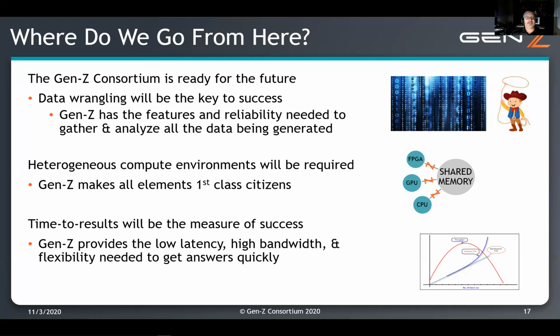And we see this as a real benefit because, as I mentioned before, it will reduce the power you need to get to your results, and it will reduce the time you need to get to your results. And we do believe that time to results is the new measure that people will be using. So with a low latency, high bandwidth, flexible fabric, you're going to be able to get to your results faster. And that's what businesses are going to measure when they start to look at the types of fabrics that they need to put into their data centers going forward.